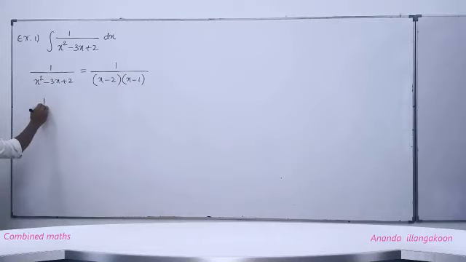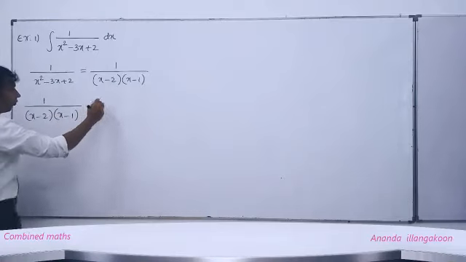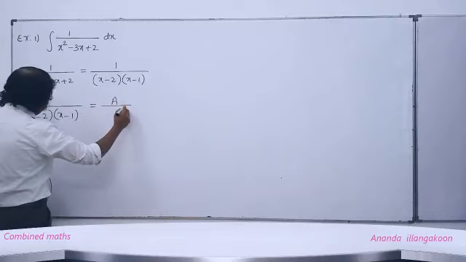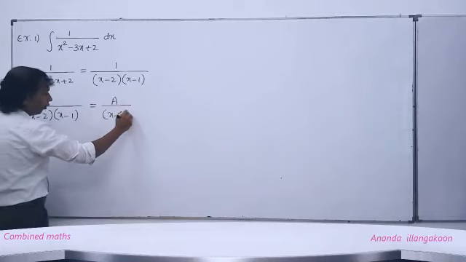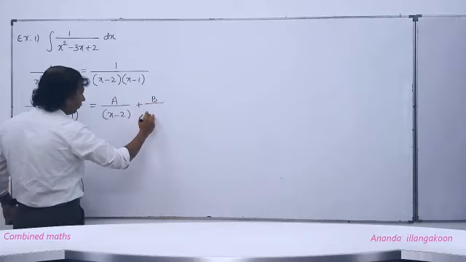Now write the partial fraction. This A upon x minus 2 plus B upon x minus 1.